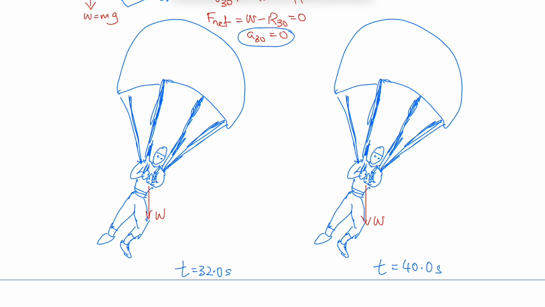So with the bigger canopy now, the air resistance would increase significantly because it is moving at a very high speed. This is R32. So R32 is much larger than W. So the net force is actually R32 minus W, which is upward. So you will have a resultant force of MA32.